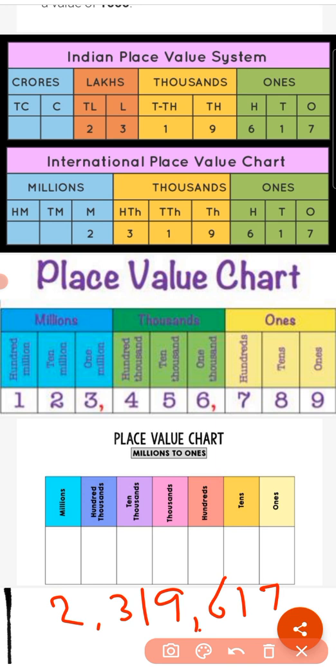Okay, 617 is in ones group, 319 is in thousands group, and 2 is in millions group. Read it as 2, the number, then group name, 2 millions, then 319 thousands, then 617. This is the international place value chart. Okay.